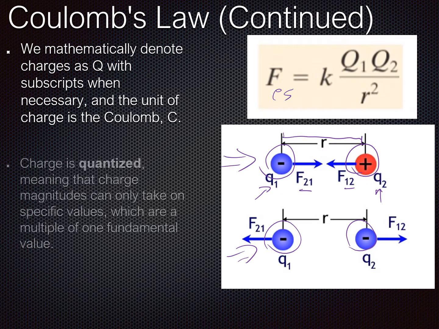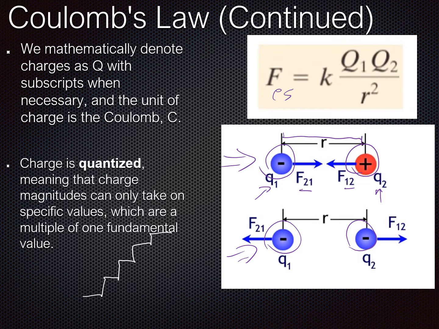So we say that charge is quantized because quantized comes from the word quantity. It means that charge only takes place in specific discrete values, meaning that it's not a continuous type of flow. So we could say that the charge of an object must fall on certain discrete steps. There's no in between.